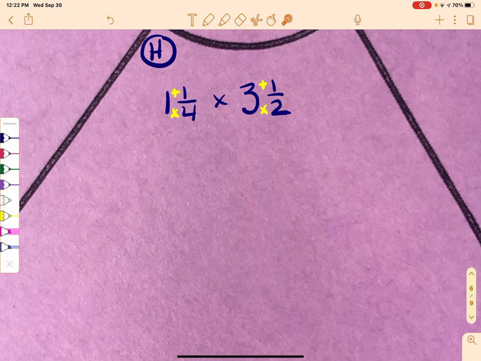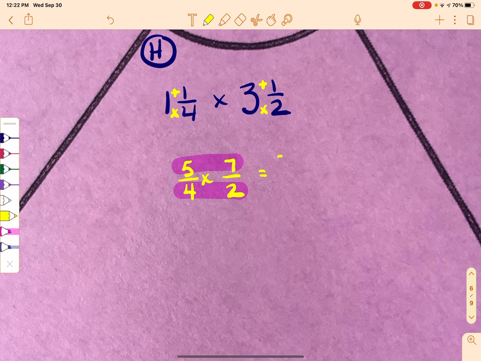So on the first one, 4 times 1 is 4, plus the 1 on top would be 5. So 5 over 4. For the second one, 3 and 2, if I multiply them together, are going to be 6, plus the 1 on top is going to be 7. So 7 over 2.